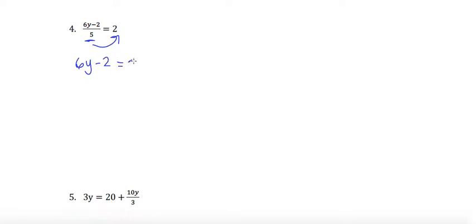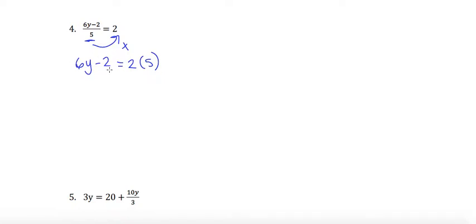And on this side, we have 2 times 5. The opposite of dividing is multiplying when I bring it across the equal sign. So this is another strategy that you might hear. When I bring it across the equal sign, I do the opposite operation.